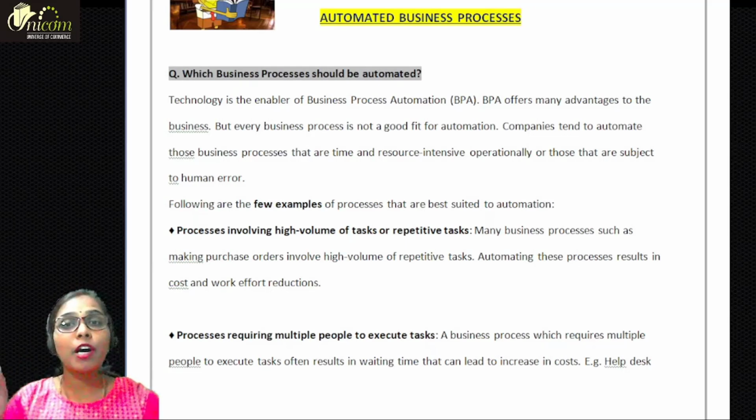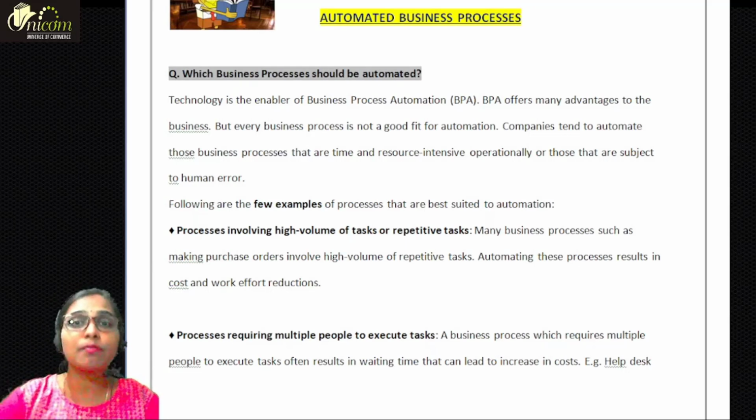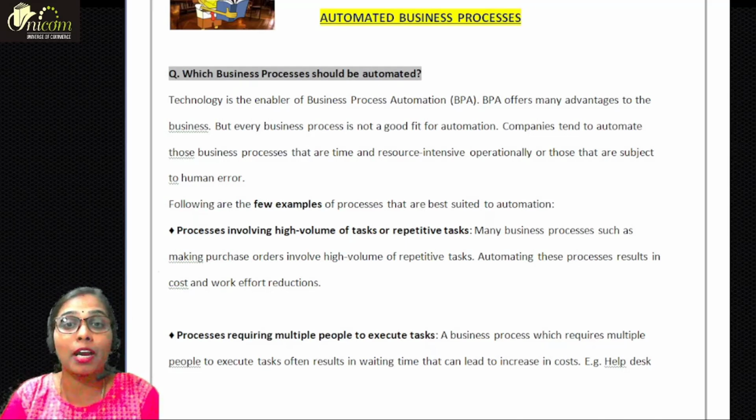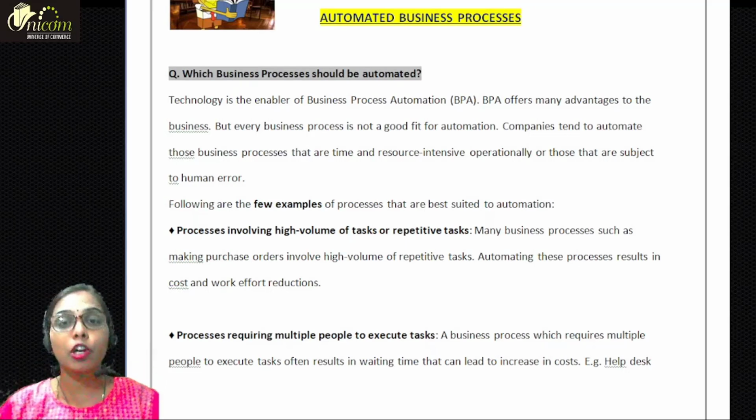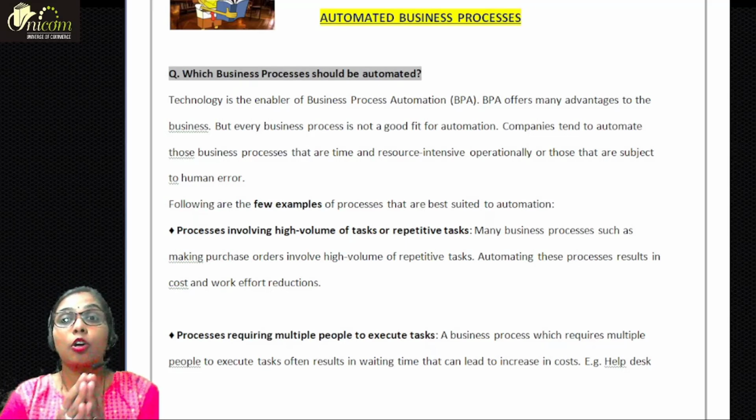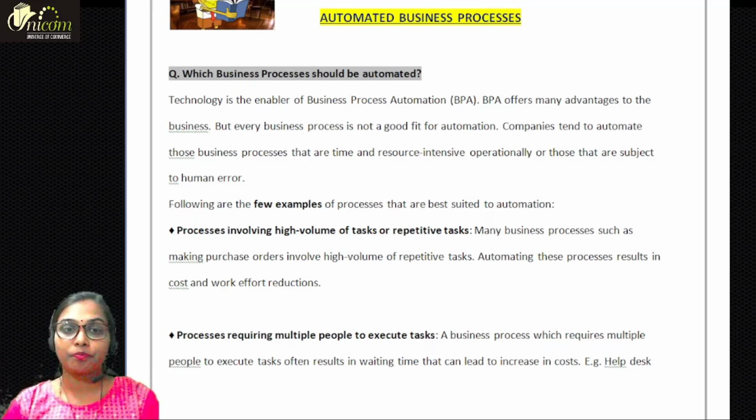A particular work has to be done a number of times. When it has to be done repetitively, as a huge or high volume task, then to reduce the cost and the work effort, they use automation.